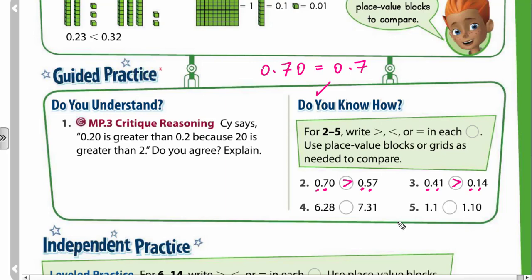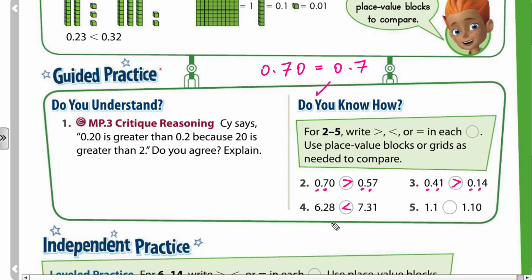Question number 4. 6.28, blank, 7.31. 7.31 is greater than 6. Why?